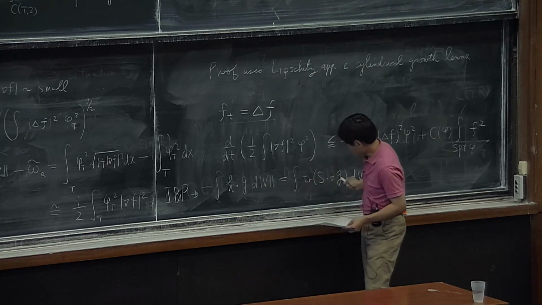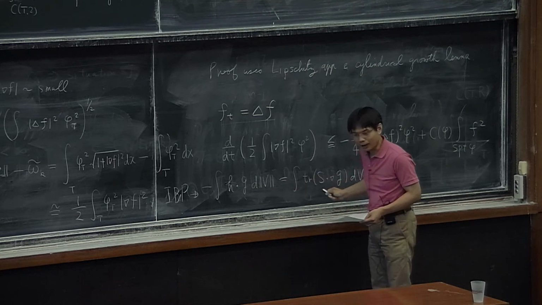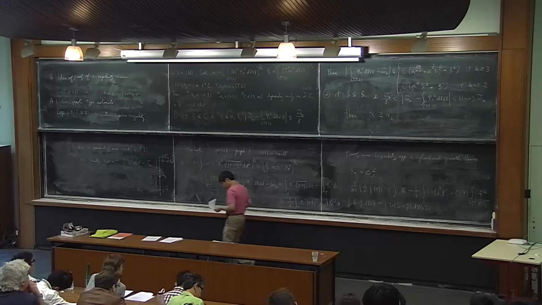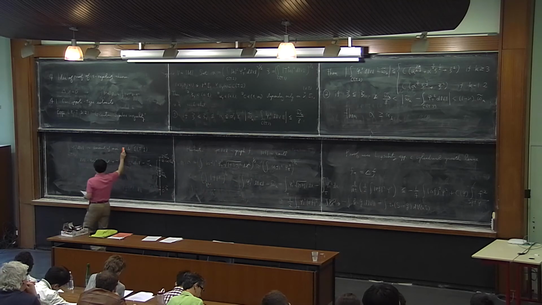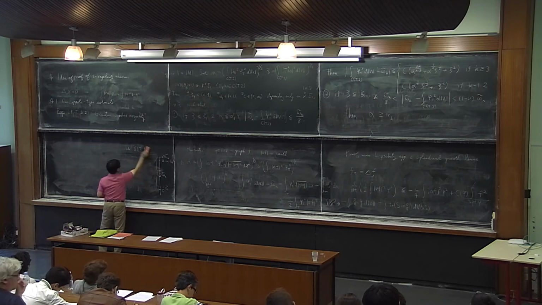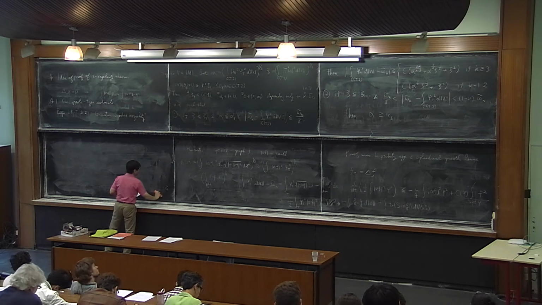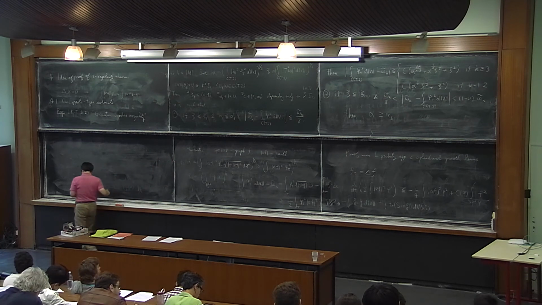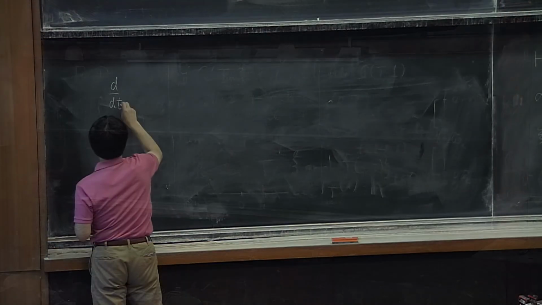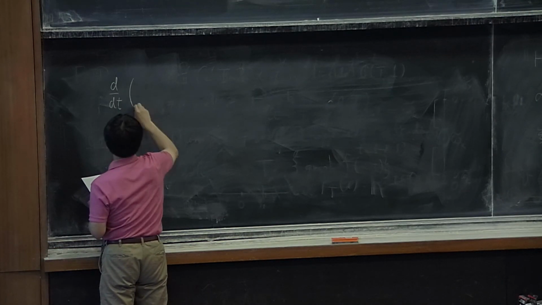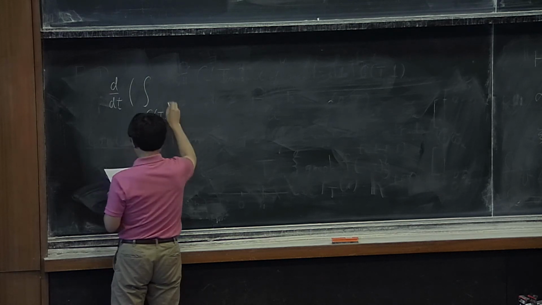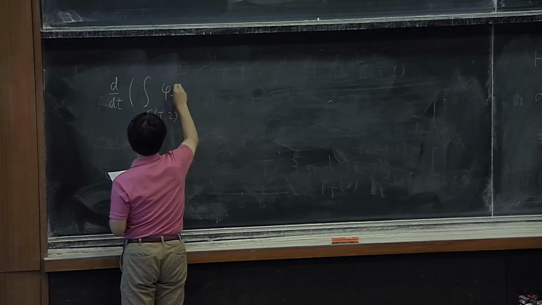Integration by parts is replaced by this formula, and then you just do exactly the same computation. And what you can prove is the following. You should express this in integration, but you can actually prove the following.